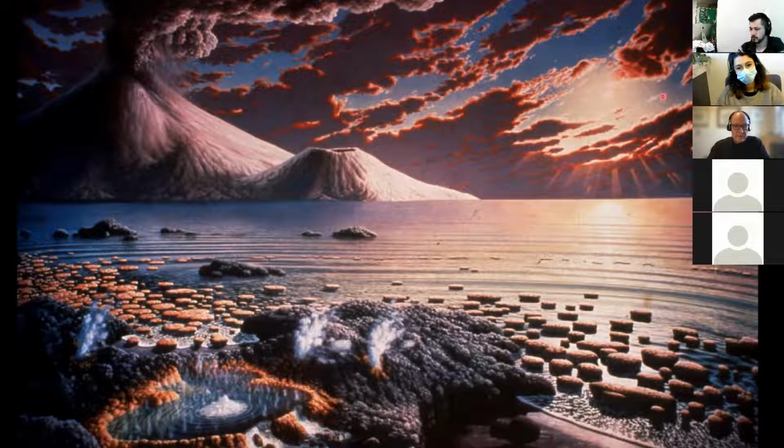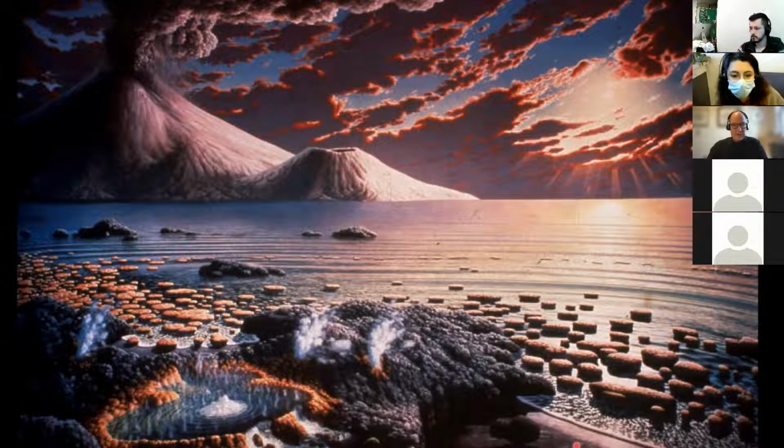You see the volcanoes, a dimmer sun, lots of CO2 in a very dense atmosphere, and these structures at the border of this Archean ocean. You see some tidal pools that may be boiling, there may be silicates there, and these carbonate structures are what the artist thought were the earliest stromatolites.